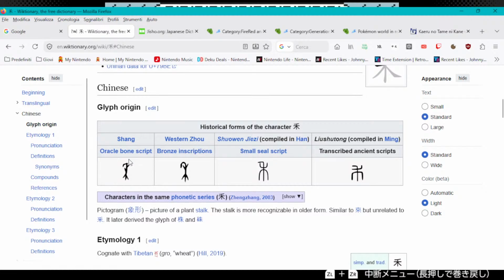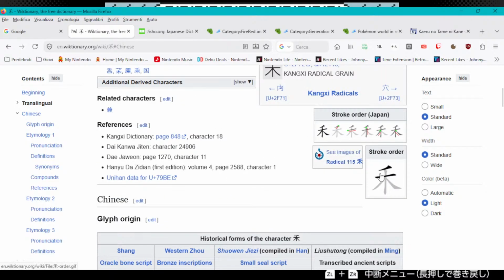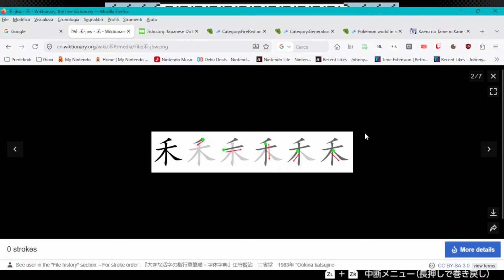And even in its modern form, you can see also here in the historical forms, practically the kanji for tree, which we have seen, with a part on top. And luckily that's the case also in our contemporary form here.